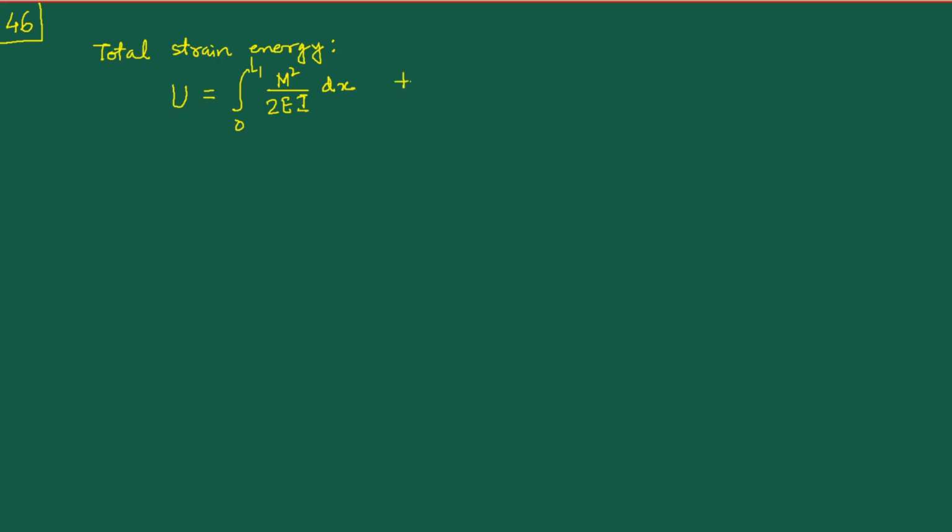For the part BC, we have to carry out the integration from 0 to L2, and there we have the contribution from the bending, which is again M square by twice EI, plus we have the contribution from the torsion, which is T square by twice GJ.